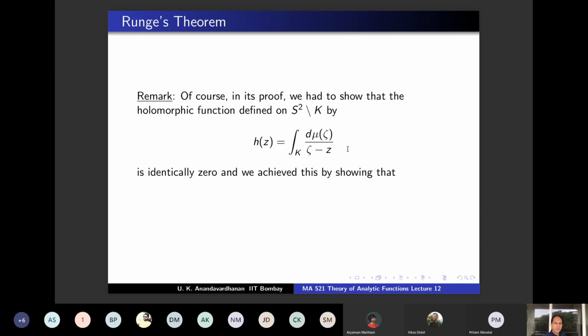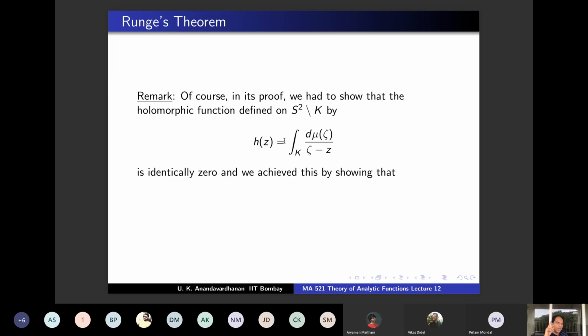So the integral of 1 by zeta minus z is 0. In other words, h is 0. So where is h 0? h is 0 on a small open disk around this chosen point from A, and therefore h is 0 throughout V, because we know that it is holomorphic, by the identity theorem. This was the argument.